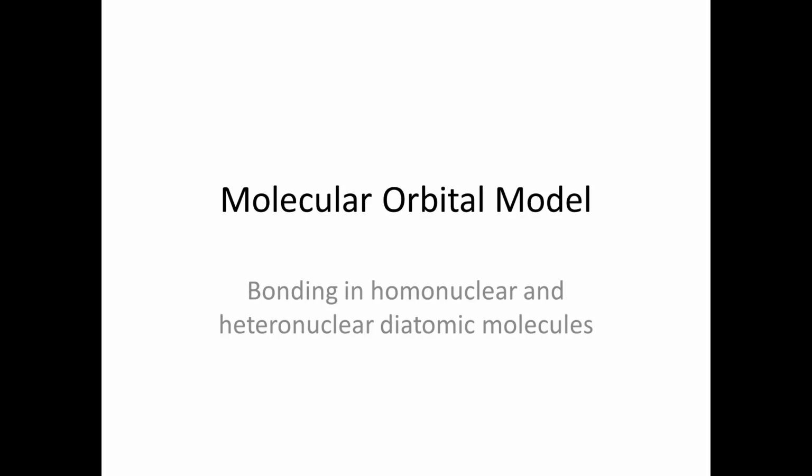Basically, we're taking the idea of an atomic orbital and spreading it out over a molecule to give us a molecular orbital. And we'll look at bonding in homonuclear, where we have 2 of the same atoms, and in heteronuclear, where we have 2 different atoms connected together, diatomic molecules.